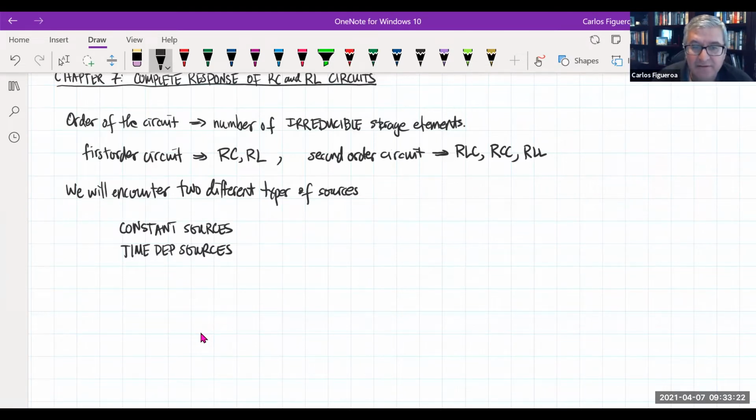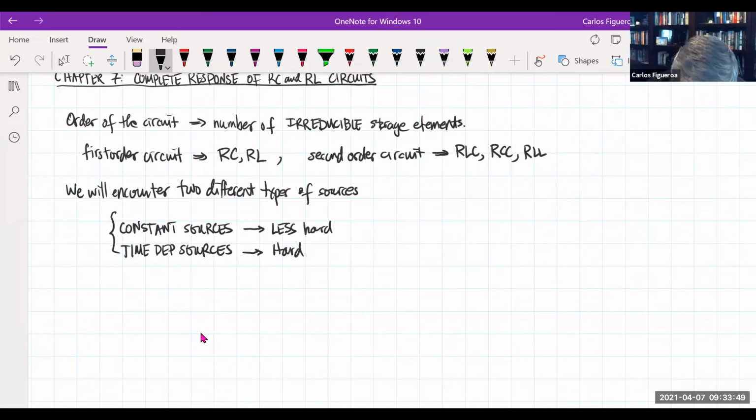What you're going to find here is that with constant sources, this is going to be less hard. With time-dependent sources, well, it's going to be hard. Okay, not less harder, but less hard. So this really separates the techniques here.